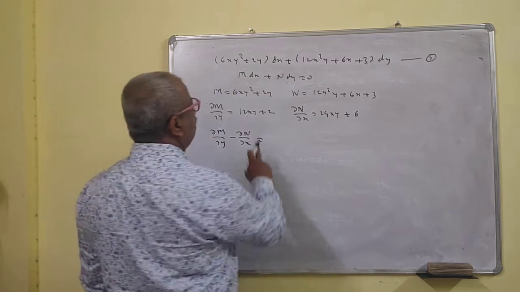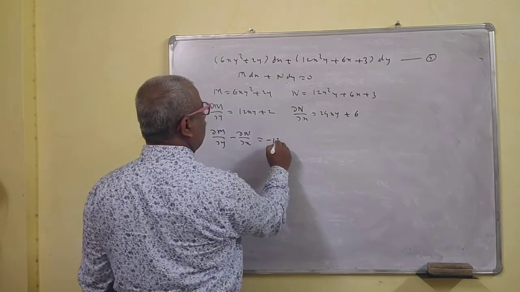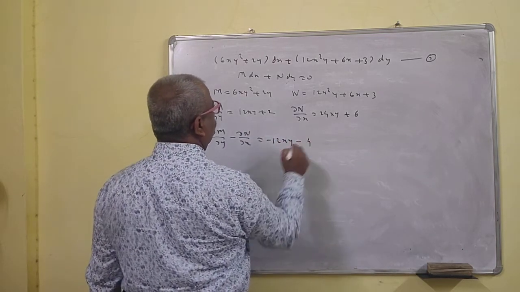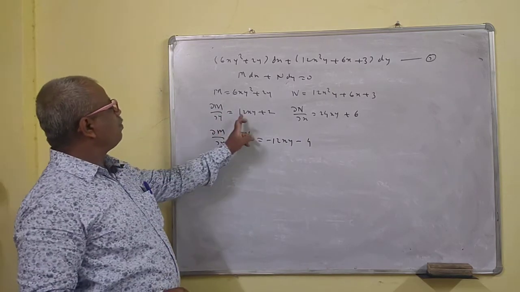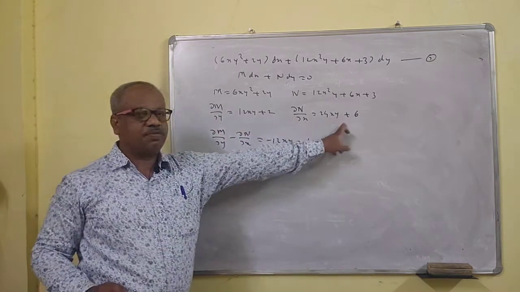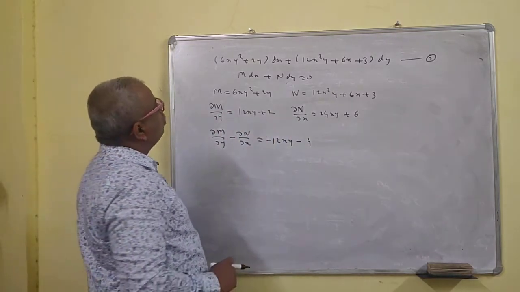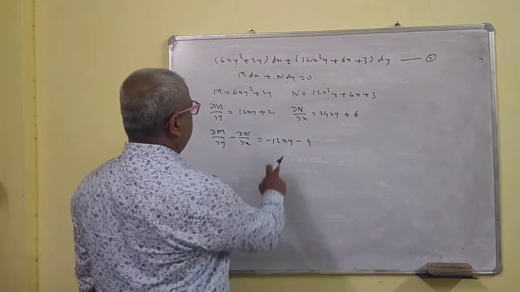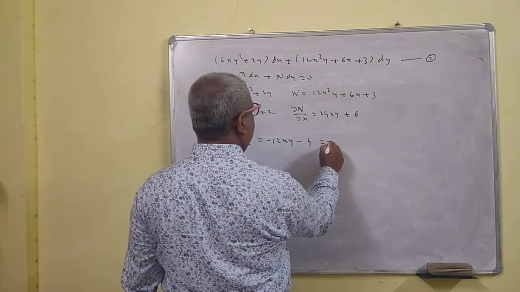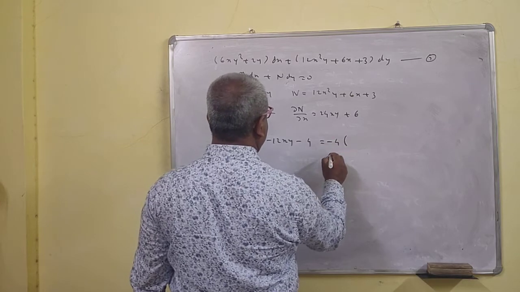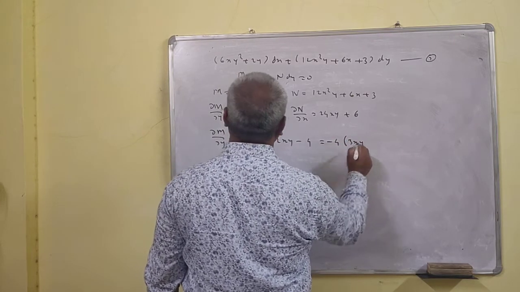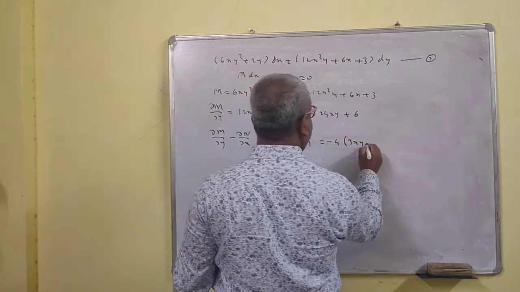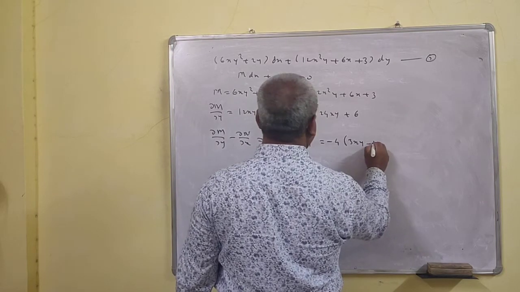This is equal to 12xy + 2 minus 24xy minus 6, so minus 12xy minus 4. Taking minus 4 common, we get minus 4 (3xy + 1).